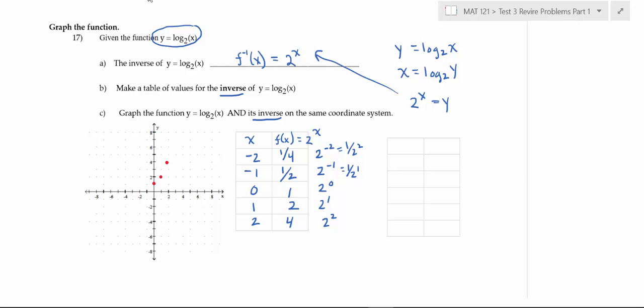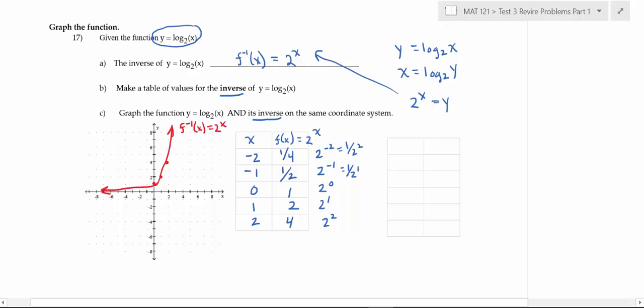Then we can use a dashed line or whatever, and label that. I'm going to graph out that inverse like that and label it y equals 2 to the x. That's fine if you label it that way. Since it's an inverse, I'm going to label it as f inverse of x equals 2 to the x.